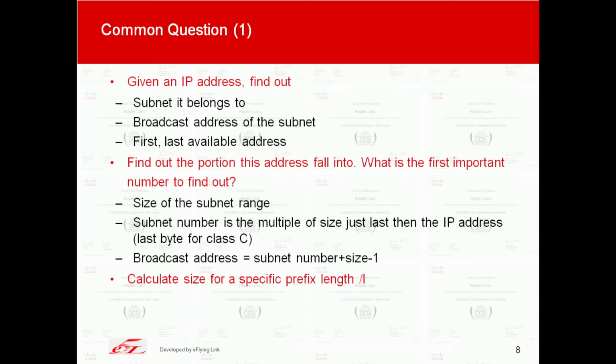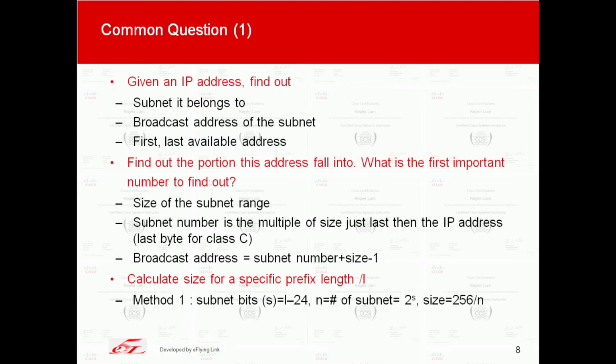When I teach the CCNA class, sometimes some of the students may suggest this method. You first find out how many subnets there are, and then use 256 divided by this number of subnets. But then how can we find out how many subnets? You need to first figure out how many subnet bits, and then use 2 to the power of this number of subnet bits.